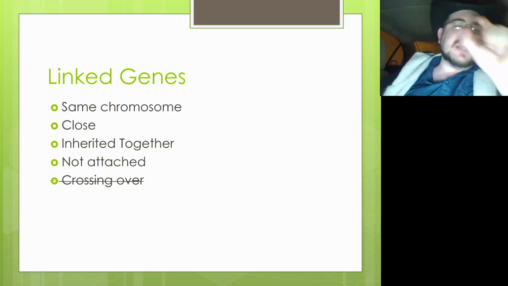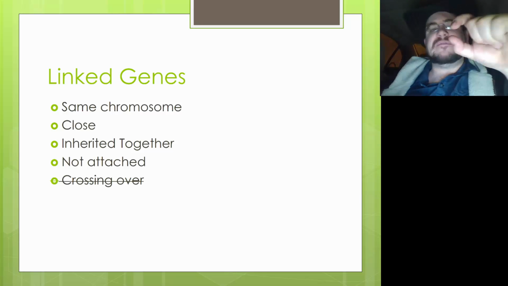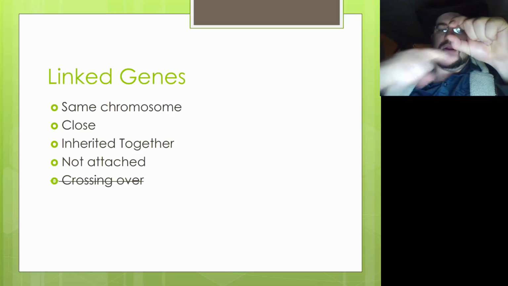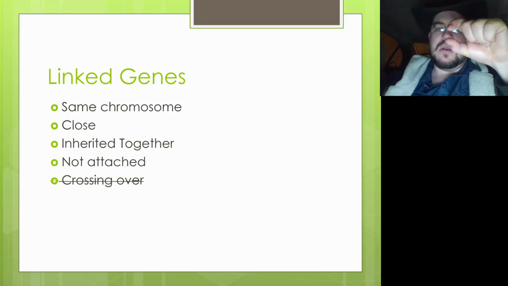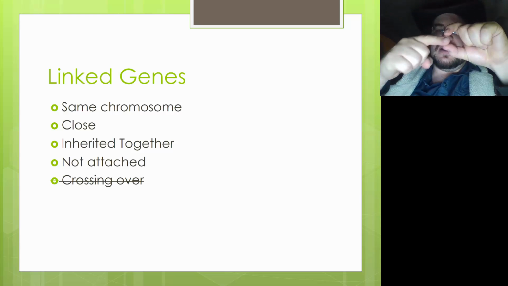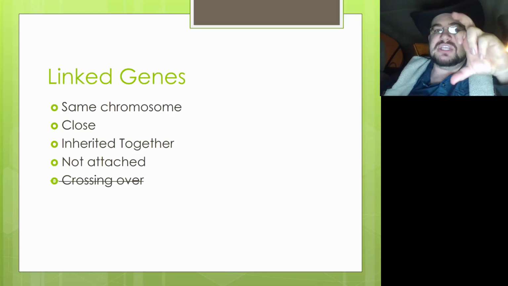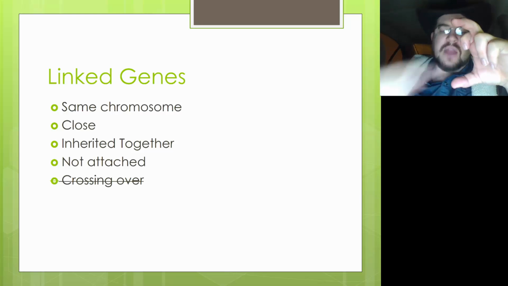They're so close together that it would be statistically very unlikely for crossing over. If you have genes right here, crossing over might occur here or here or here or here, but it's very unlikely that it'll hit right there to separate them. Those genes would be linked. Whereas if you have genes farther apart on the chromosome, crossing over could occur between them and separate them.